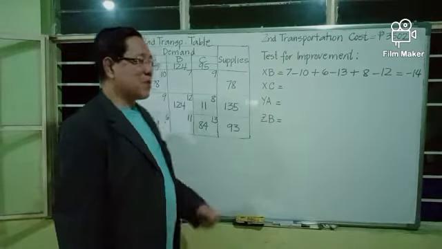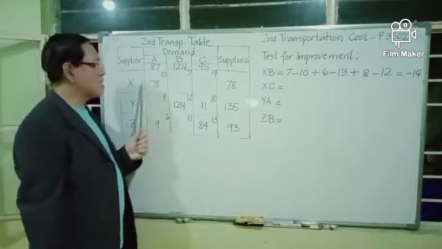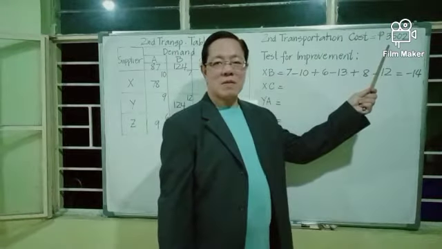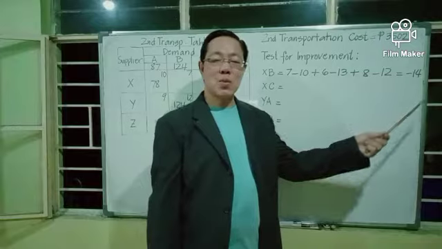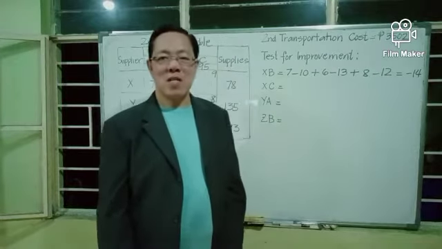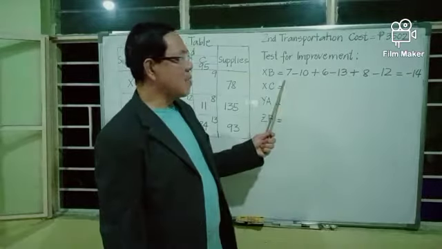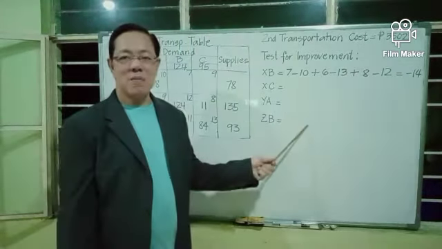That is, if you transfer 2 units to this vacant cell XB, the transportation cost 3,502 will decrease by 14 times 2 or 28 pesos.